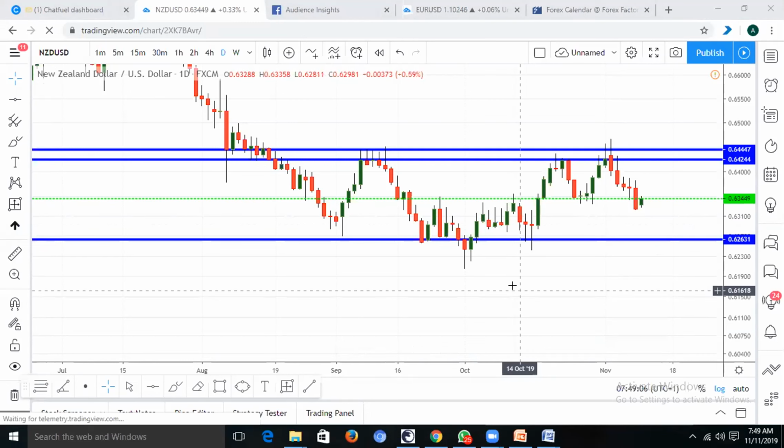Now, if you are new in trading, don't be trying to use 15 minutes, 10 minutes, 5 minutes, or all those small time frames. Use higher time frames to analyze your market. Even the big traders, the big boys, use the higher time frames, because the higher time frame will tell you the movement of the market.